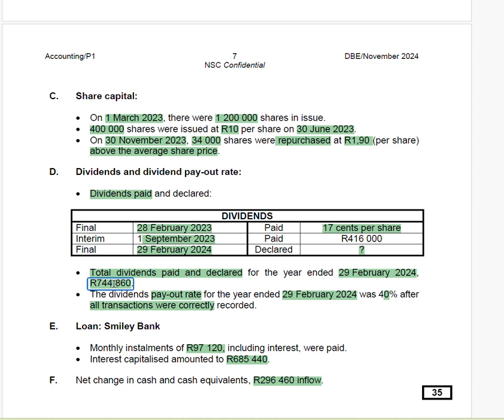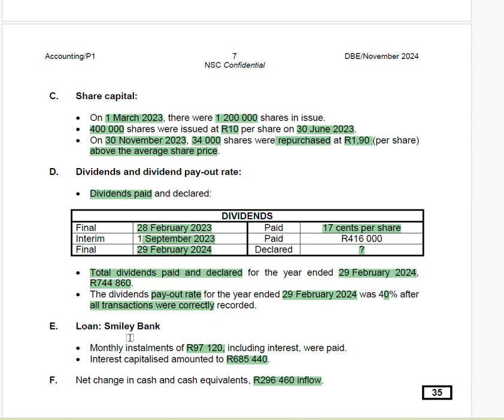We know the cash portion is 416,000 and the balance left of the 744,860 is the non-cash portion. Then we're going to move to the dividend payout. This is basically what we need to use in order to calculate the profit, though in this case it is not as important as it was when we were calculating the retained income note.